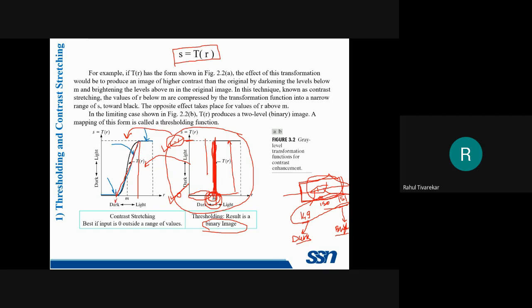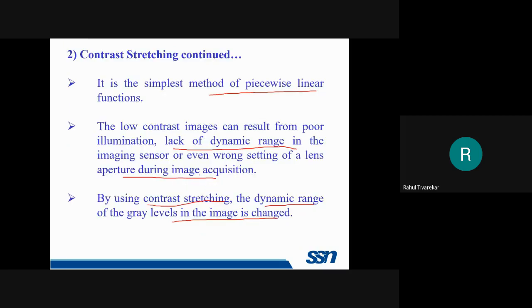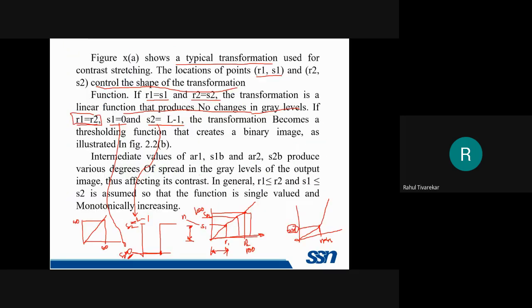So this is basically a graph when R1 and R2 are separate. This is a contrast stretching. But when I say R1 is equal to R2, I go back to the thresholding operation. So that is what is being shown here. If R1 is equal to R2 and S1 equal to 0 and S2 is equal to L minus 1, that is basically a thresholding function which creates a binary image, which we have already discussed earlier.